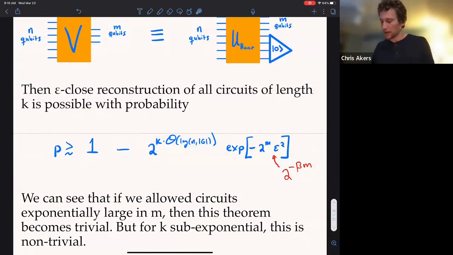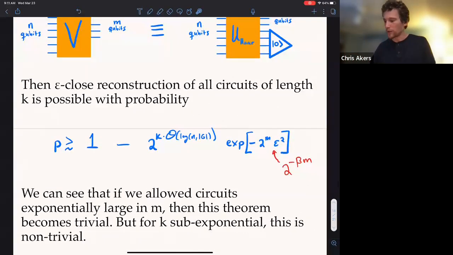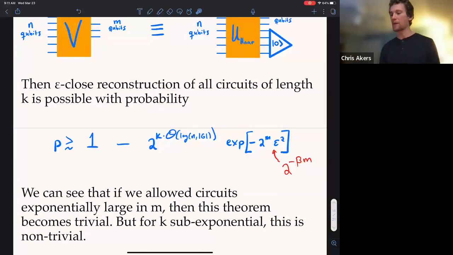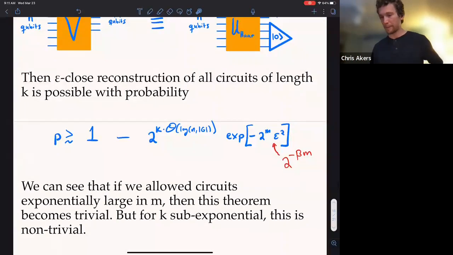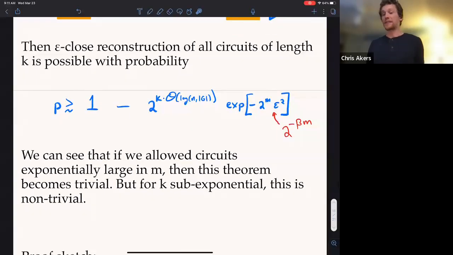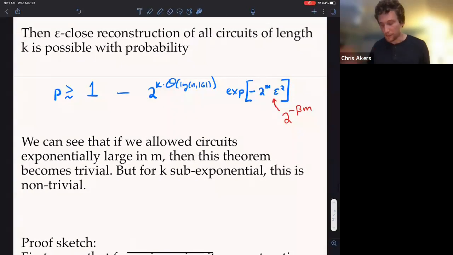It doesn't tell us anything. But as long as k is sub-exponential, say polynomial, then this is non-trivial. We find that with high probability, we can have a good reconstruction of all sub-exponential circuits. That's the statement of the main theorem, to say it precisely.